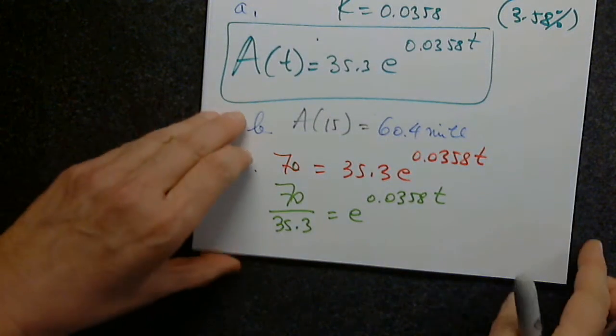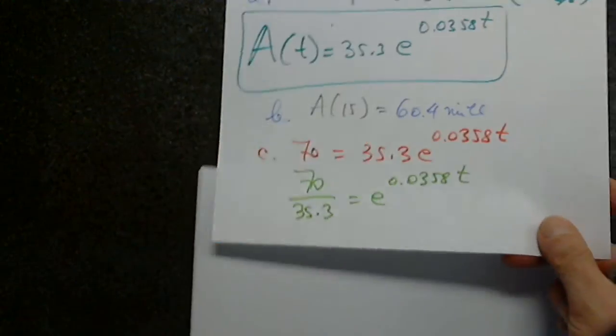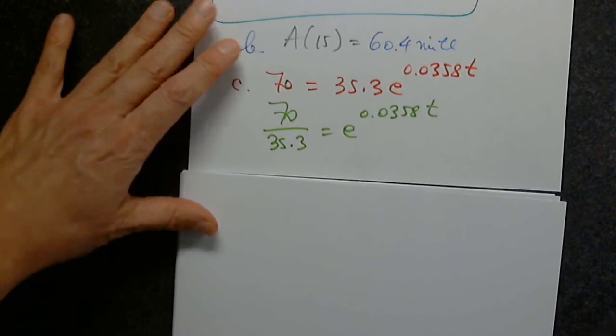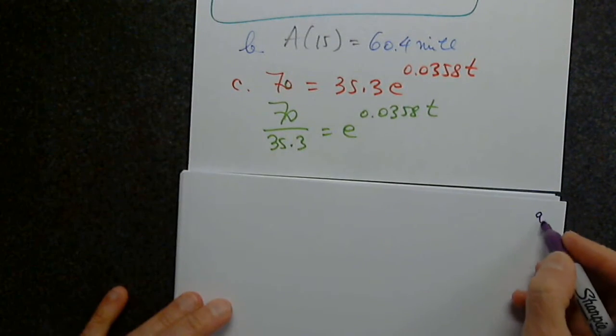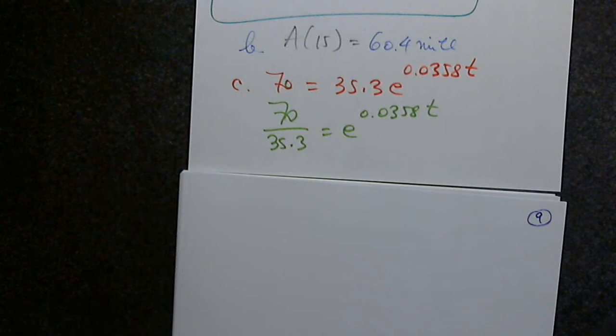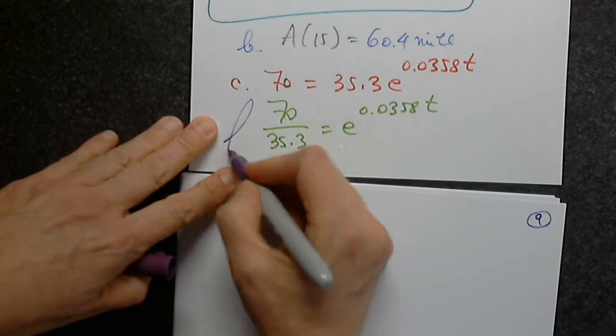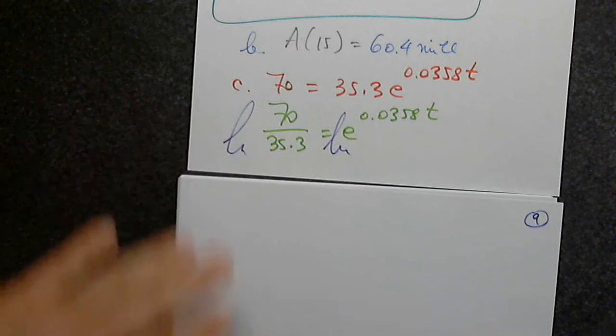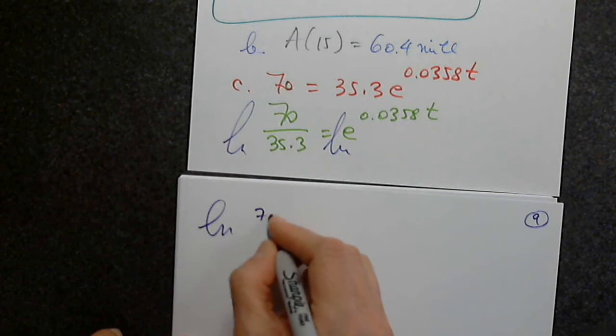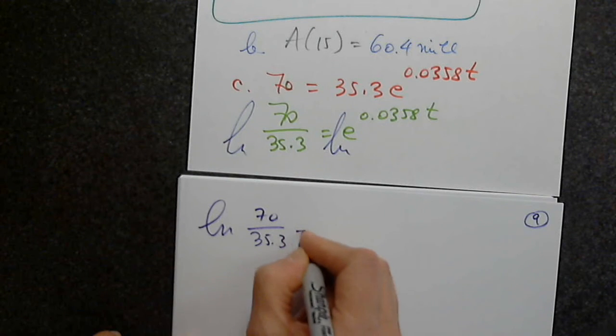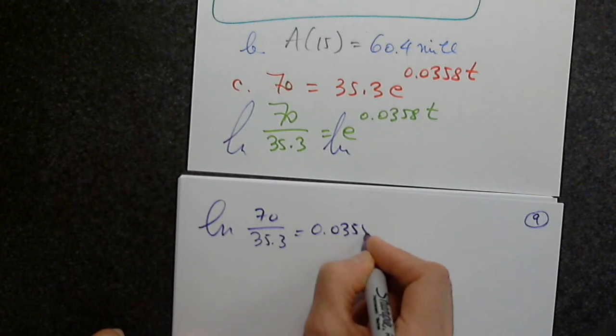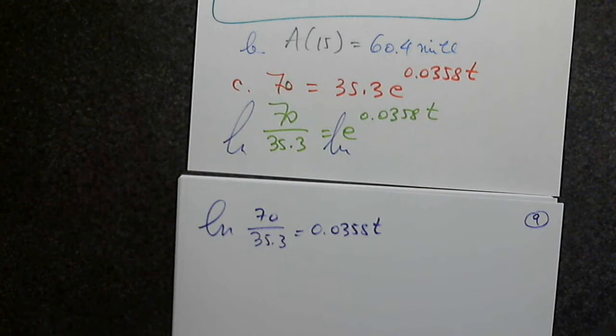I only have one choice. Yes, I have no other choice but to apply natural log. So natural log of 70 over 35.3 equals 0.0358 t. How come I don't write multiply by natural log e? Because it's 1.